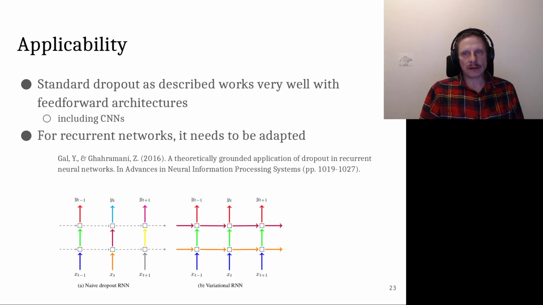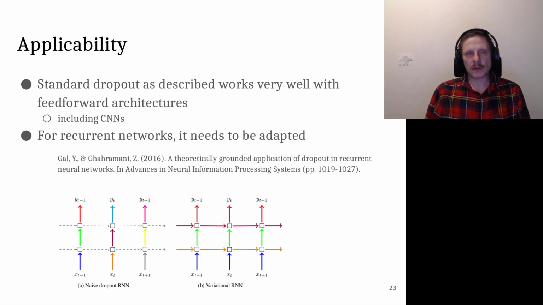So standard dropout that I described so far works well with feed-forward architectures, including convolutional architectures. However, it's been shown that for recurrent networks, which we will discuss in a future lecture, it needs to be adapted, because there is this notion of recurrence.